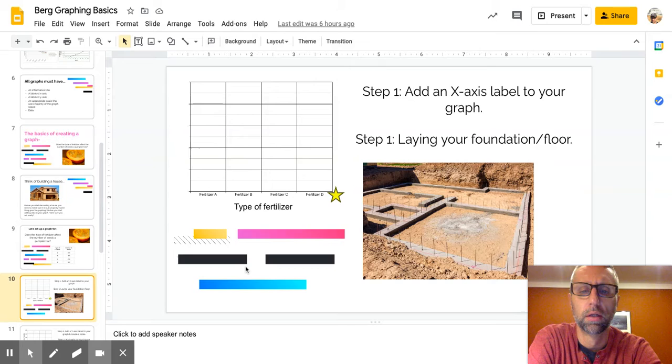All right. So the first thing that we need to set up in our graph is going to be the foundation or the floor. So we're going to start on the bottom of the graph. And on the bottom, we're going to put our independent variable.